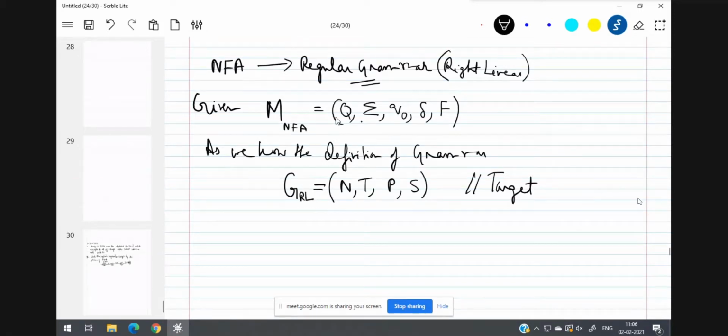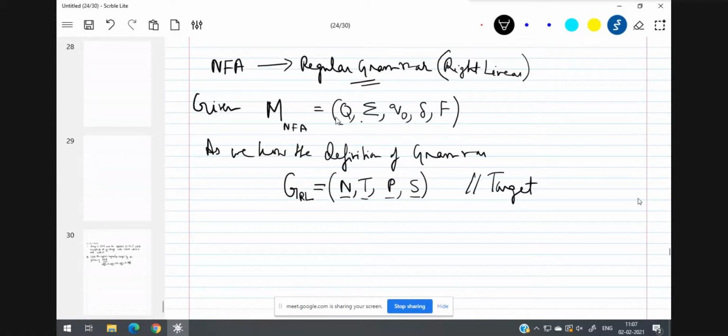But for my class, in my exam and all, please do mention whether right linear or left linear. Now, if I want to construct this grammar, I need to know what will be N, what will be T, what will be the productions, and what will be the start symbol.